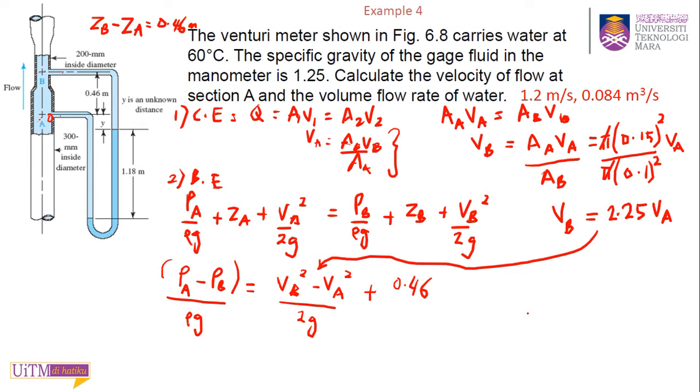Okay. So now you get VB 2.25 VA, all squared, minus VA squared, over 2g, plus 0.46. Okay, how much do we get here?